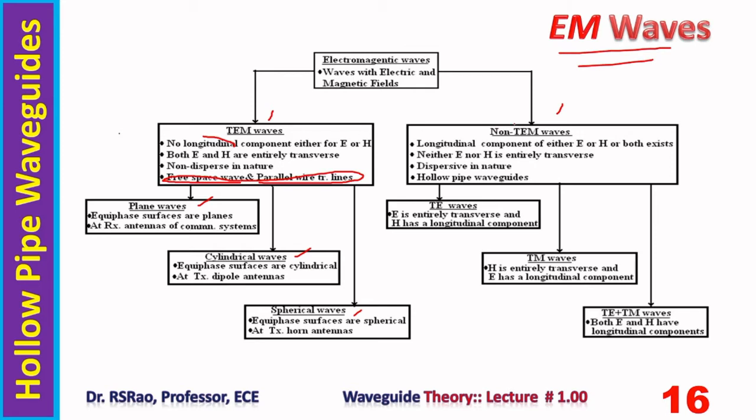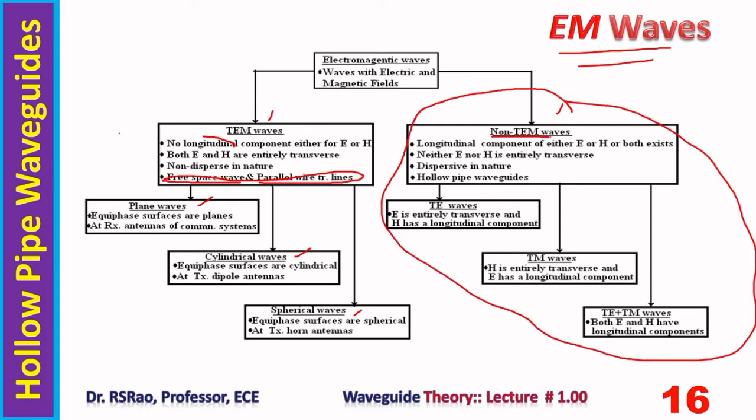Non-TEM: we are in waveguides. Waveguides carry non-TEM waves. What are non-TEM waves? Longitudinal component of either E or H or both exists. Neither E nor H is entirely transverse. These are dispersive in nature. Hollow pipe waveguides, which are under consideration right now, hold non-TEM waves.